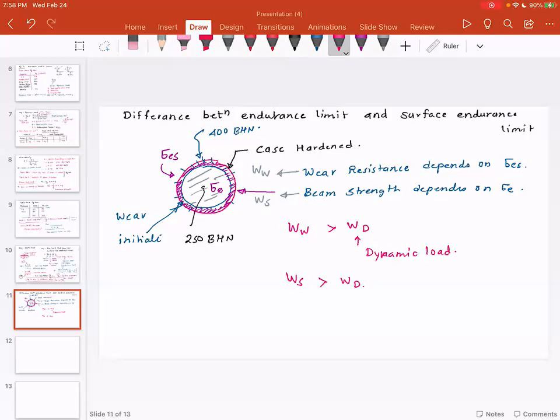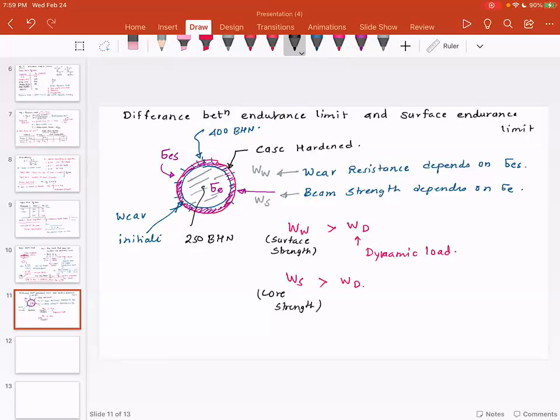But WS is related to the wear resistance on the surface, and WW is basically the core strength. So this is sort of the surface strength, and this is sort of the core strength.